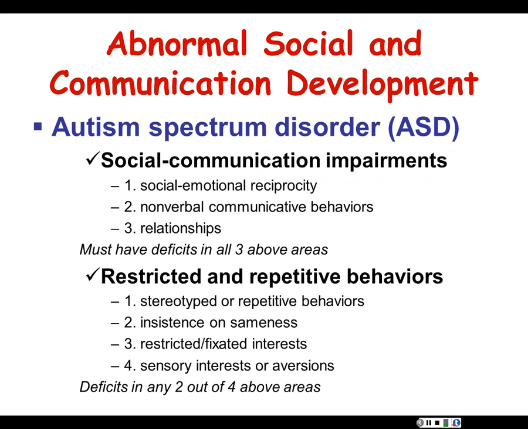But before you go, I want to define ASD. Autism spectrum disorder changed in the DSM in 2013, just this past year. Some of the things that you're reading, you might see pervasive developmental disorder, you might see Asperger's syndrome.